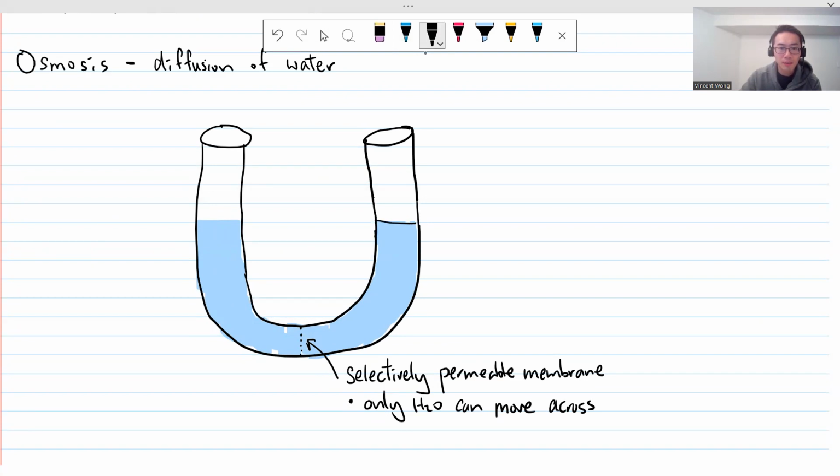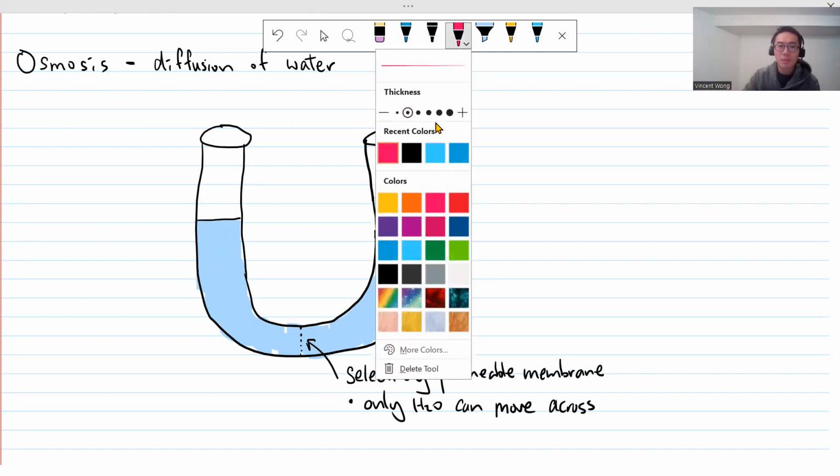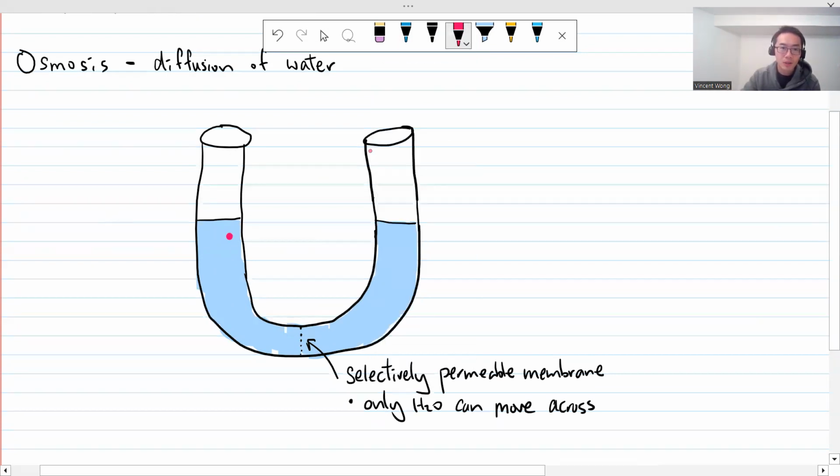Okay, so same water level, right? Same water level. Now I'm going to dissolve some solute in here, okay? So solute. And then I'm going to dissolve more here.